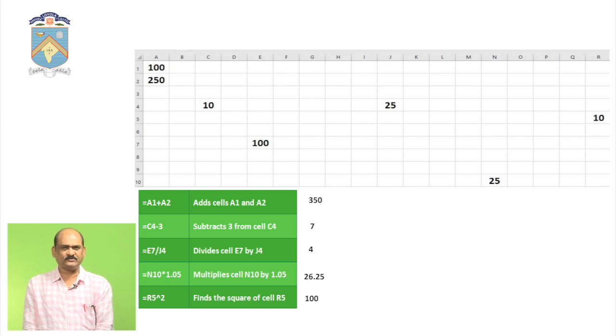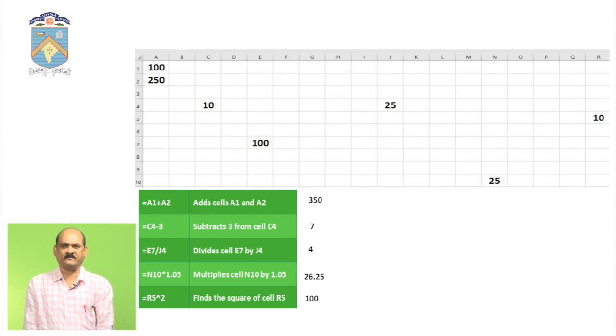The second one is also a formula. This is equal to C4 minus 3. In this formula, you have the equal sign, C4 the cell address, an arithmetic operator minus and the constant number 3. So, the result is simply 7 because C4 is 10 and the constant is 3.